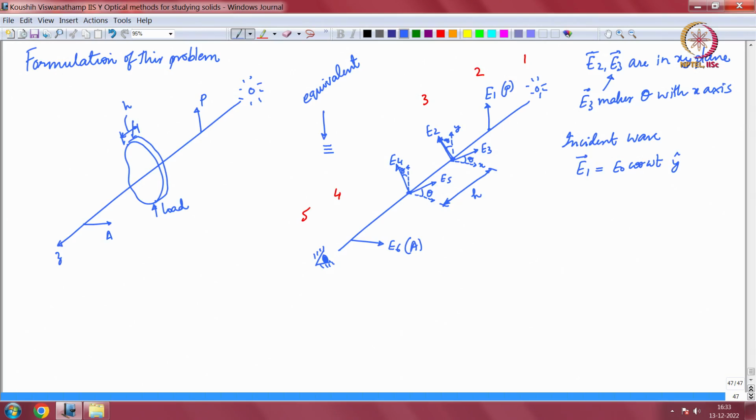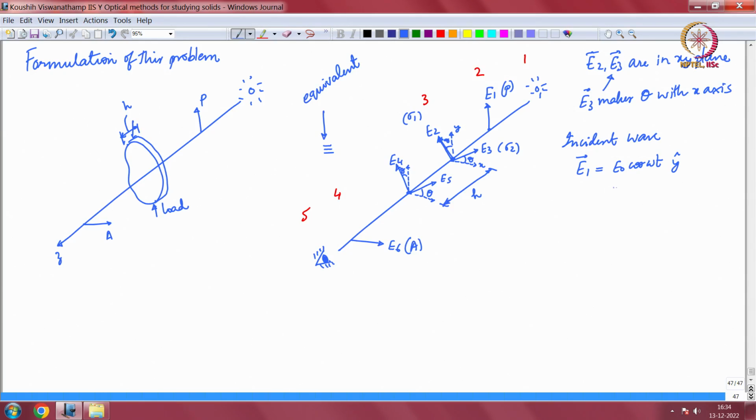Okay. Now, remember E2 E3 and E4 E5 are the entry and the exit of our body that is being loaded, respectively. The moment it enters the body, it has to be resolved into 2 directions, E2 and E3. E2 and E3 correspond to the principal stress directions, let us say, at the risk of confusing the notation, sigma 1 and sigma 2. E2 E3 is fine, do not worry about the numbers.